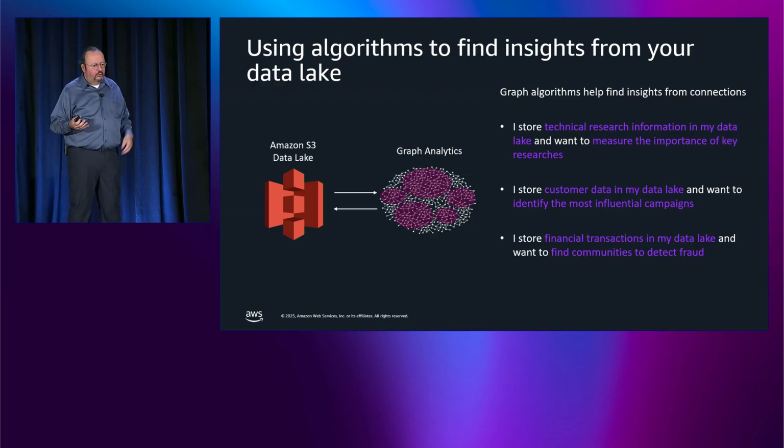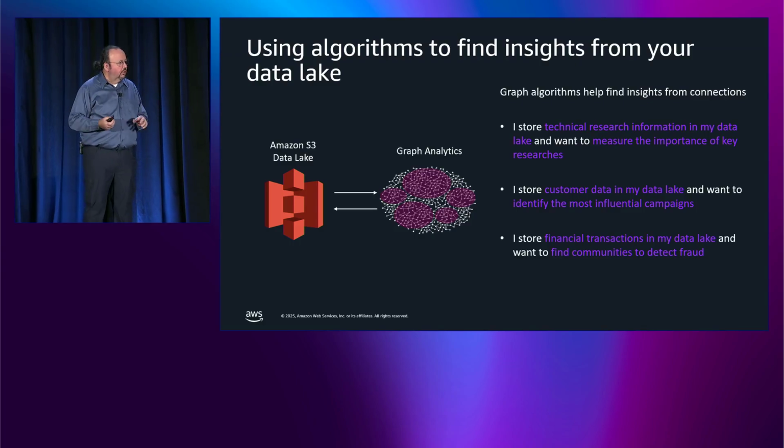There are many graph algorithms, and they serve many different purposes. In one scenario, let's say that I have a graph that contains technical research information, and I want to understand the importance of a research paper or researcher. Or I may have a graph of airports, and I may want to understand the importance of an airport in terms of its closeness to the other airports.